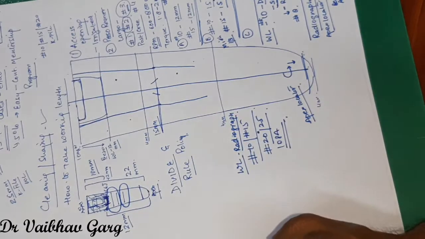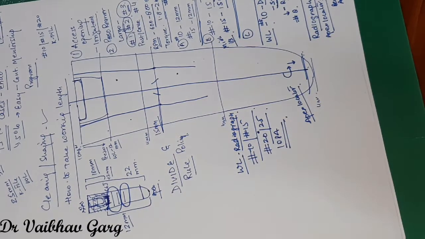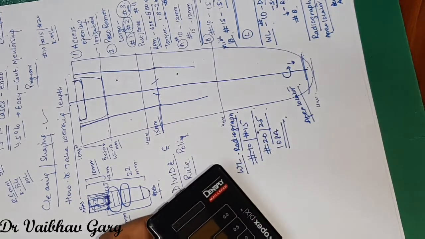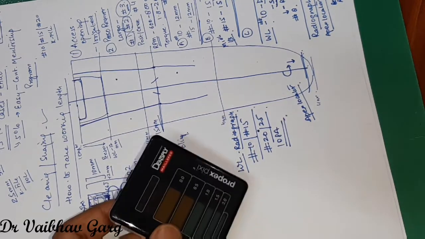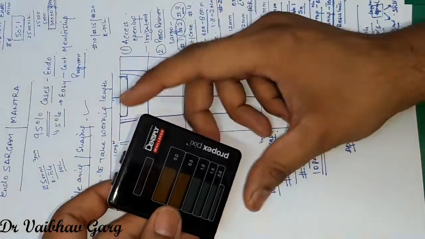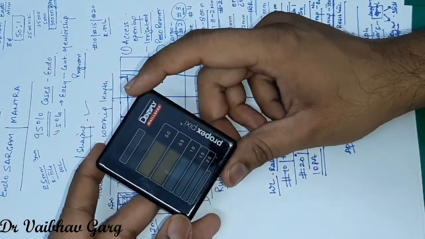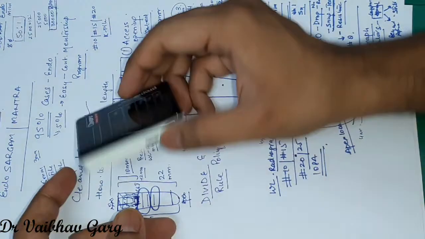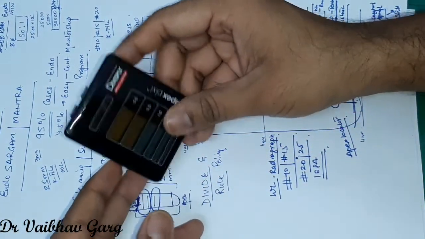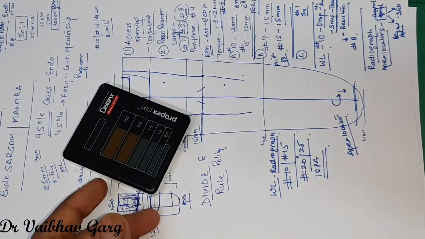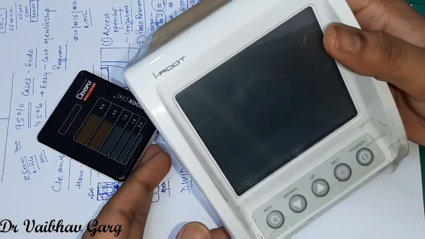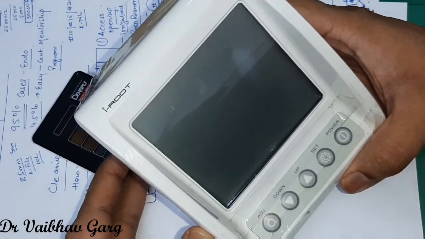I will show you how apex locators work, what they are. I will quickly share the basics of apex locators. This is a mini type, the Propex Pixie, that I have been using for a very long time, almost 7-8 years now. And this one I have been using since 2011.